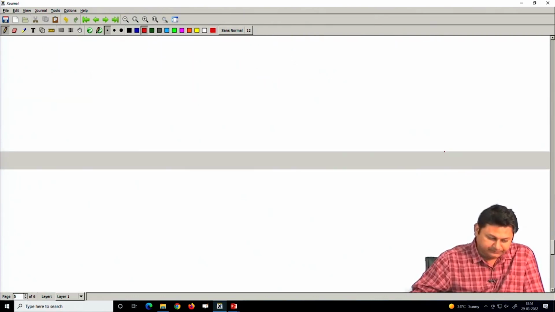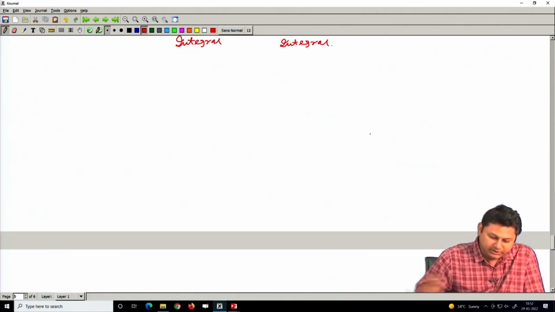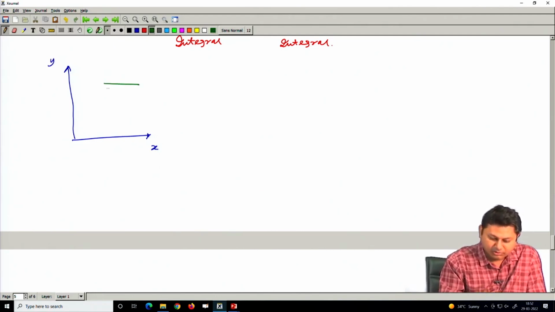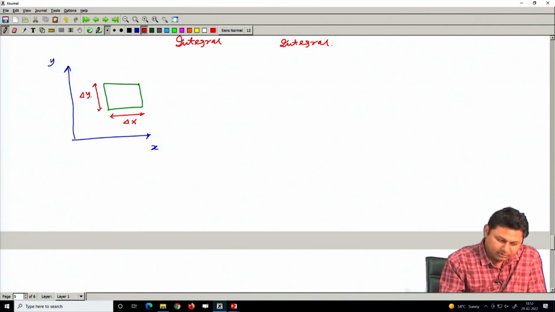We can also prove that, and let me do it here. So, this is the coordinate system I am having. Say this is my x and this is my y, and we can have a small block here, a surface element, so that this length is delta x and this length is delta y.